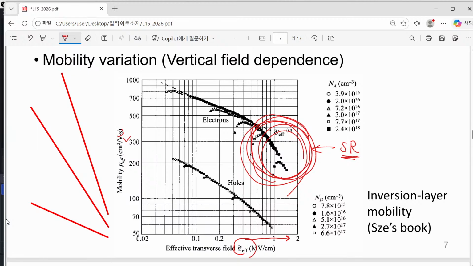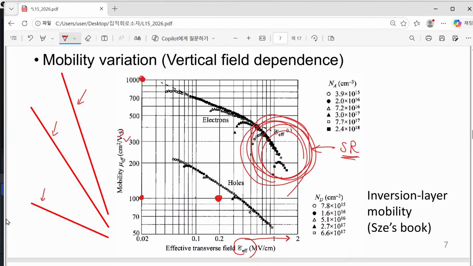Then what are they? Here I have drawn certain lines. I guess this is corresponding to this one. Here we have 1,000, and here we have 100, a 10 times difference. And here we have 0.02 as an electric field, and here we have 0.2, also a 10 times difference.